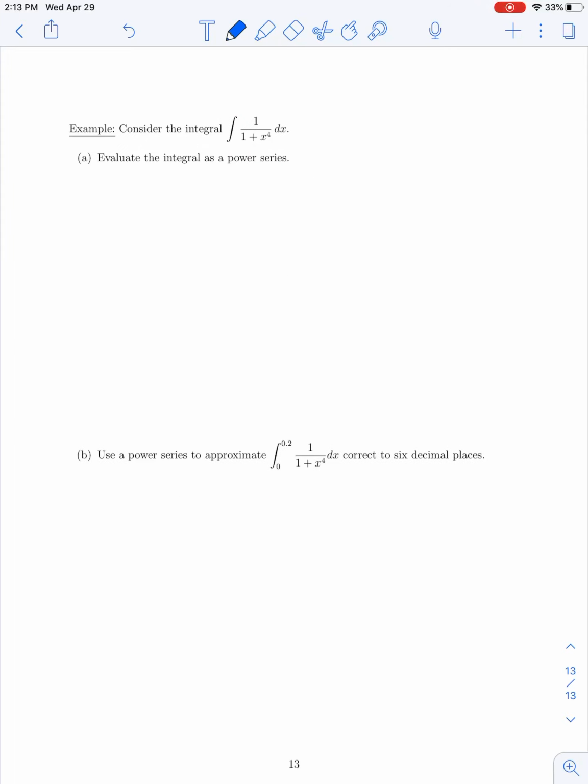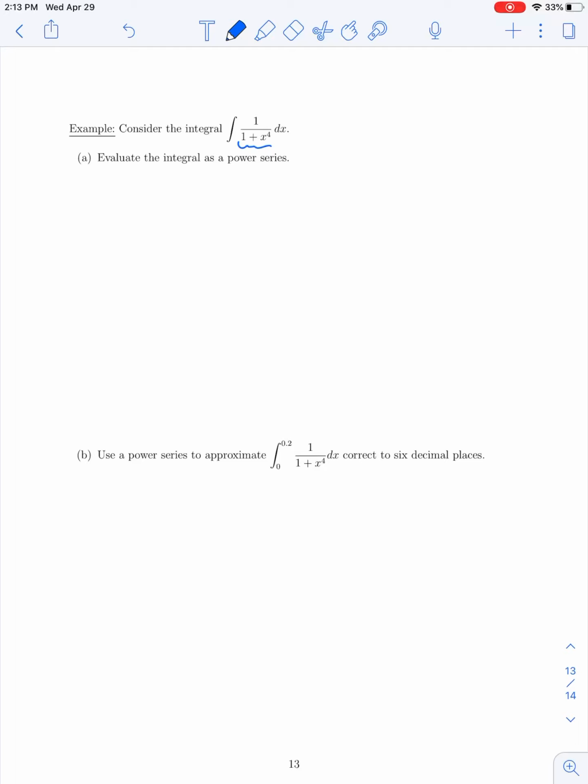Now let's look at our last example. In this last example, we'll see another application of these power series representations of functions. So here we are asked to consider the integral of 1 over 1 plus x to the fourth with respect to x, which is similar to the problem we saw a little bit earlier in this lecture.